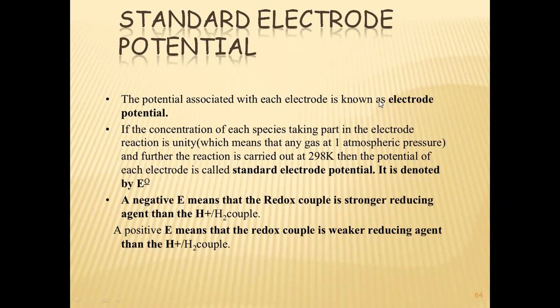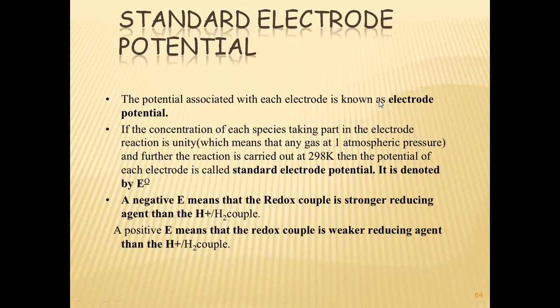The temperature is 298 Kelvin, and the pressure is taken as 1 atm, one atmospheric pressure. So at the specific condition, at the standard condition, the potential of an electrode is known as standard electrode potential, which is denoted by E naught. If we talk about a single electrode potential, that is E. If we talk about standard electrode potential, that is known as E naught.